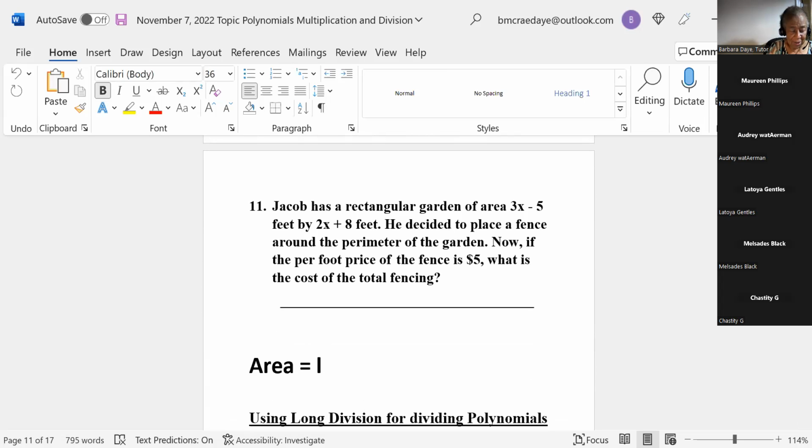I said area, not perimeter. Oh, length and width. Length plus width? No, times. Remember it's square units, Maureen. Area is length times width.